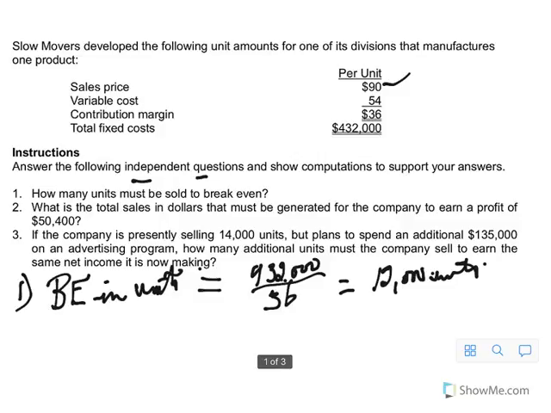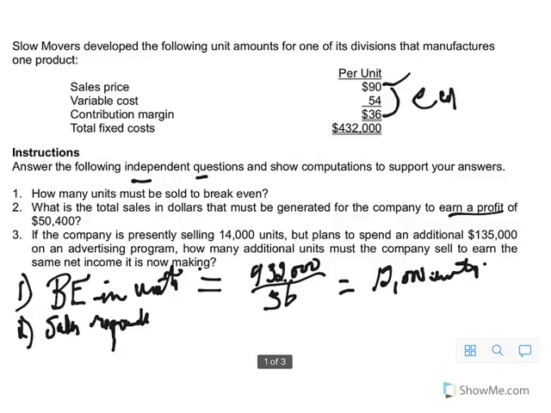What is the total sales in dollars that must be generated for the company to earn a profit? Okay, so therefore, sales required, it's in dollars. So therefore, I have to go and get the contribution margin ratio.